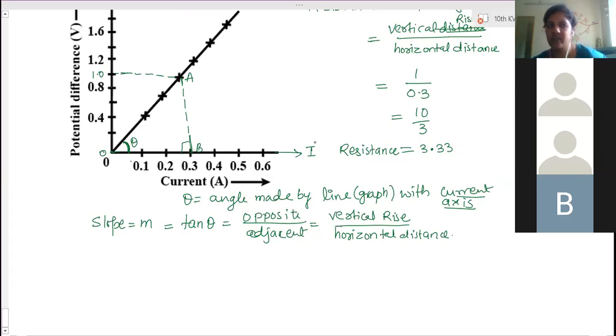Are you able to understand? Yes, ma'am. Okay. Now, write down first this part. In your diagram, whatever values you are getting, write down according to that. This is according to the diagram I have written, but it is not proper.